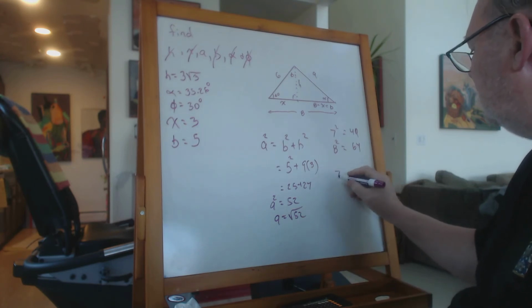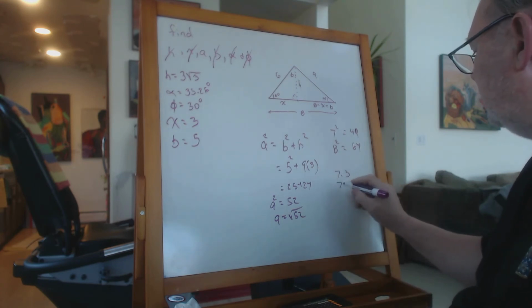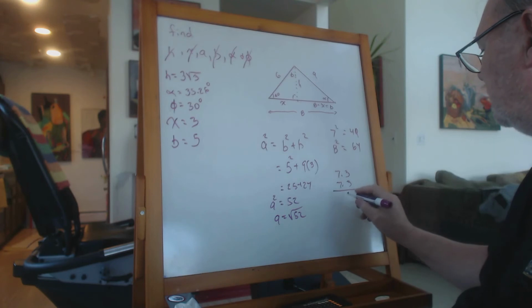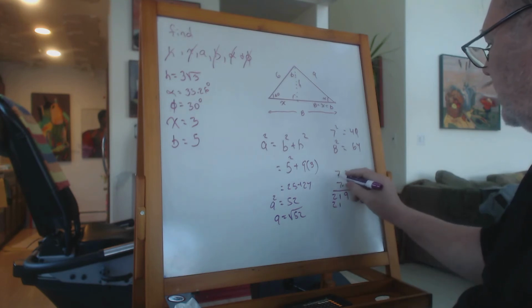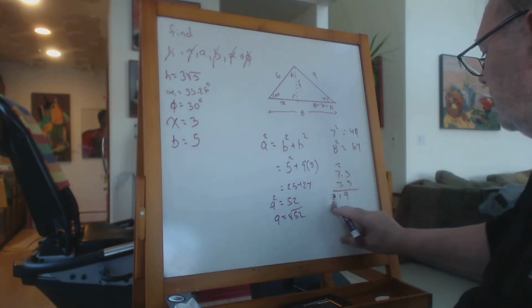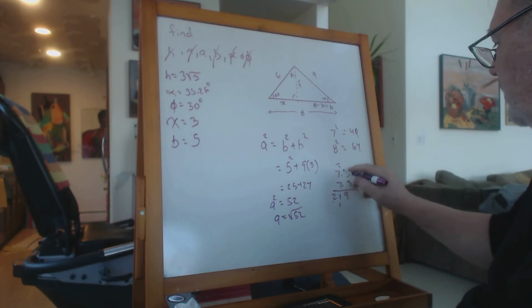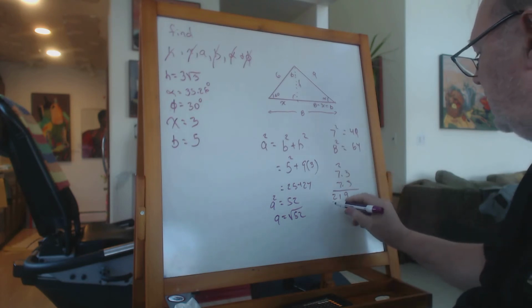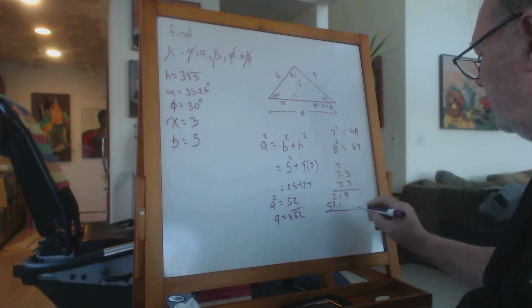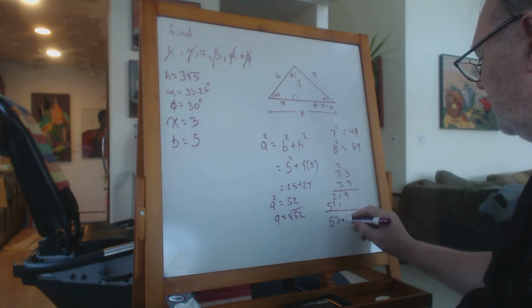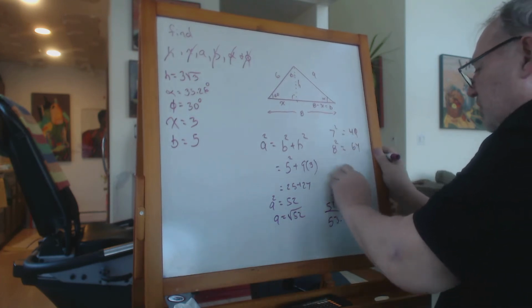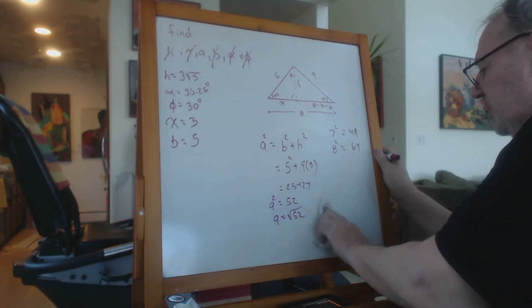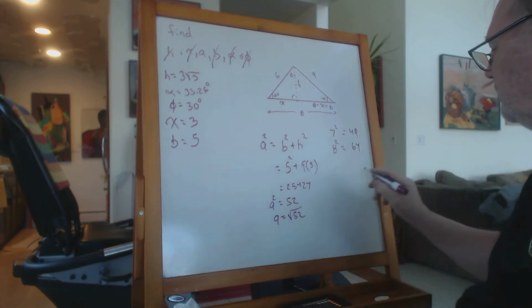7.3. That's 53.29. That's too much. So it's 7.2 something. So that's 7.2.